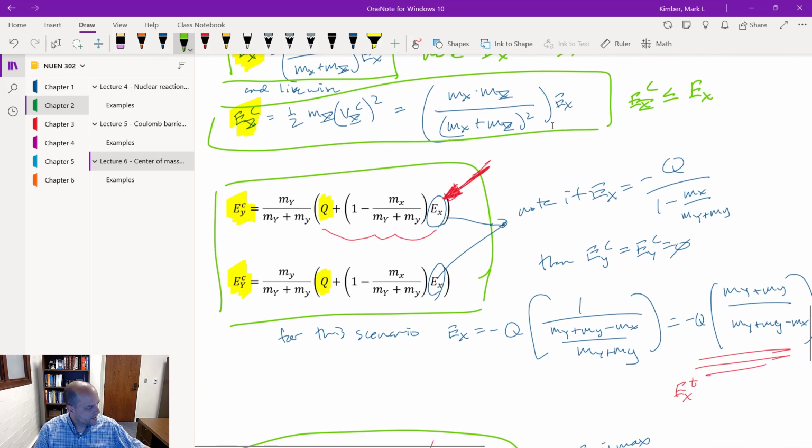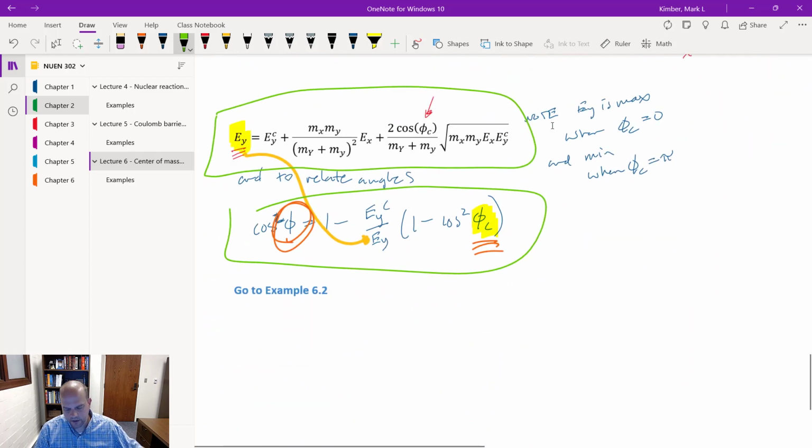So we're going to go through the example here, 6.2, where we're demonstrating that. But just like any other calculator that I'm encouraging you to develop, you can create a calculator for this, where you just need to be given phi c, the scattering angle, the emission angle in the center of mass reference frame. You're given phi c, you're given EX, and you're given the reaction.